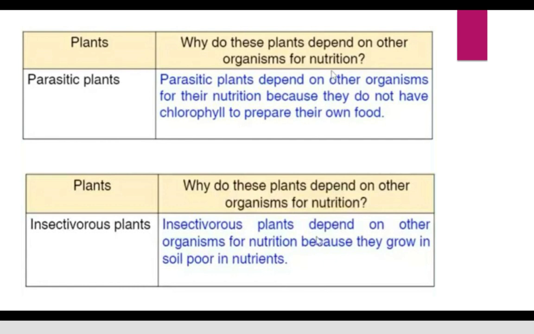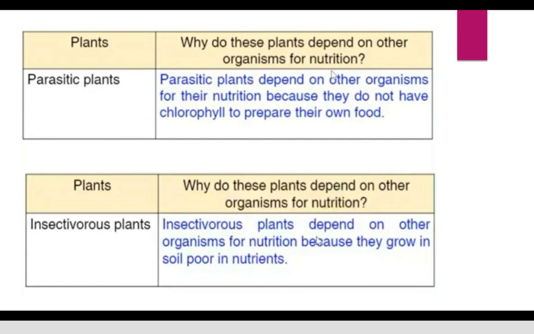Parasitic plants depend on other organisms for nutrition because they do not have chlorophyll. They are yellow in color, so they are not able to prepare their own food. That's why they depend on plants which can make their own food.